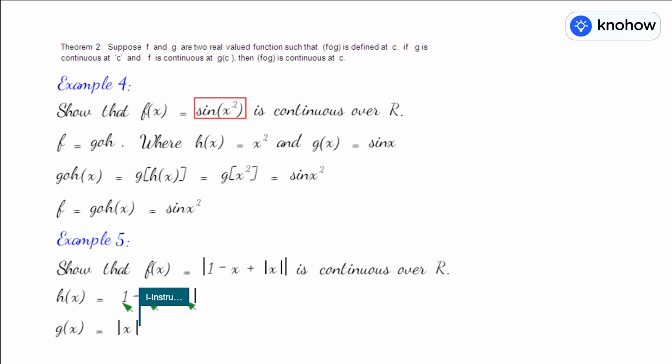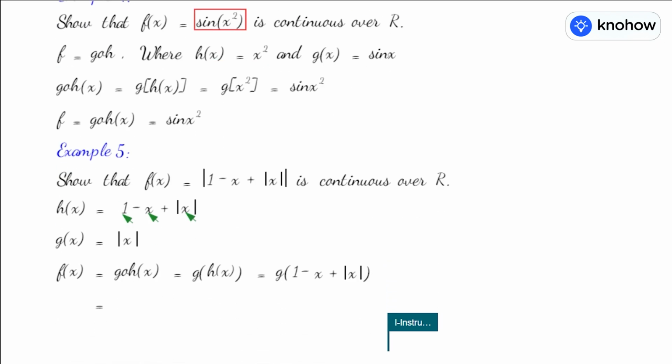Now how do you define f(x)? Isn't it that the given function f(x) can be rewritten as goh of x? Just see how. It is g of h(x). How do you define h(x)? h(x) is defined as 1 minus x plus mod x. And how do you define g(x)? g(x) is defined as modulus x.